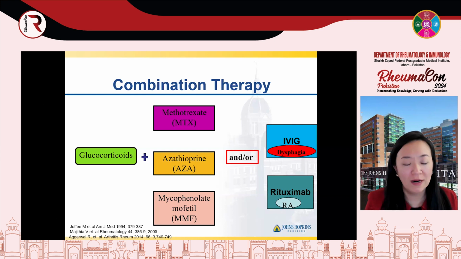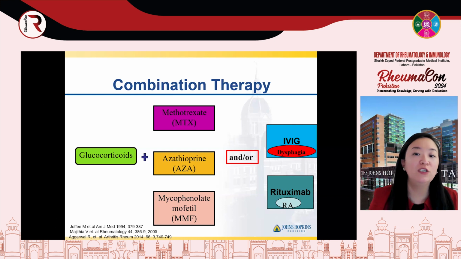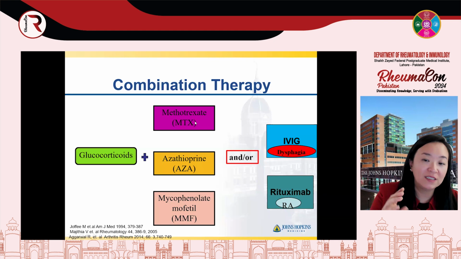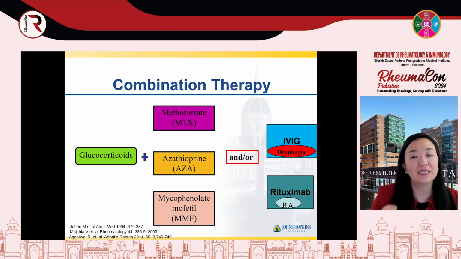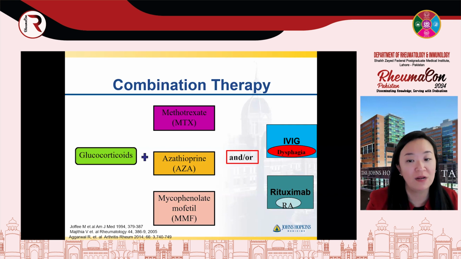Now, one note about the combination therapy. There is an old study at the NIH by Dr. Paul Plotz, a giant in myositis, where you could actually combine the methotrexate with the azathioprine and get some significant control of the patient's myositis and muscle strength and improvement in CK.